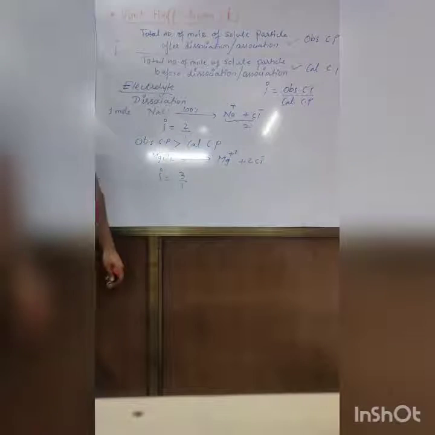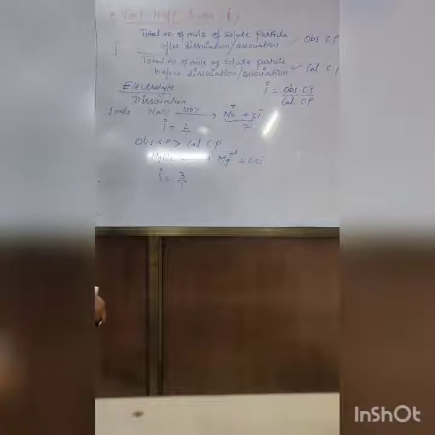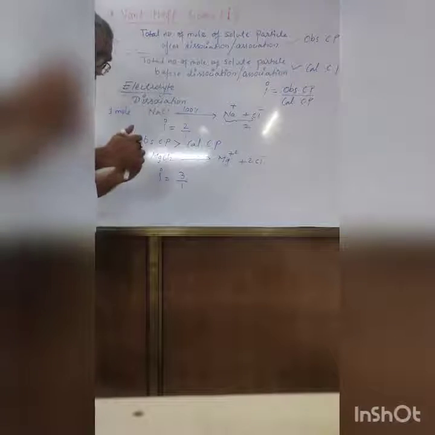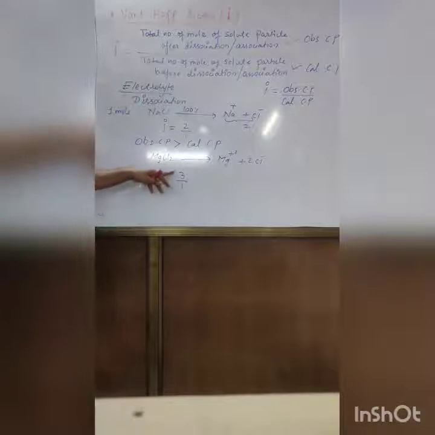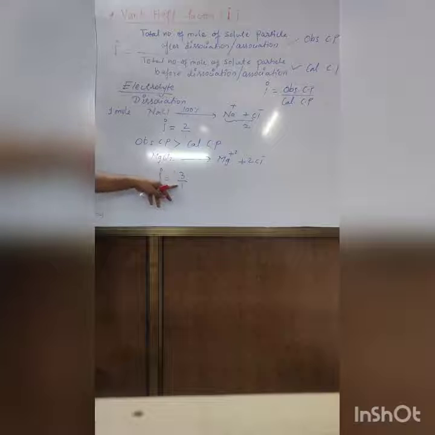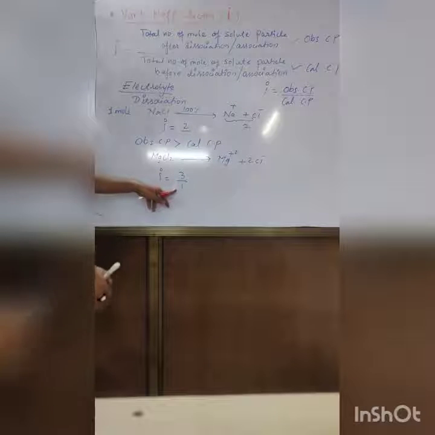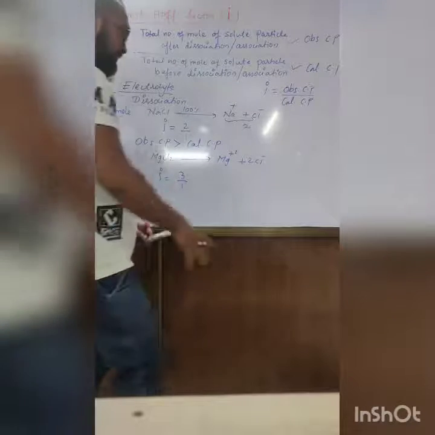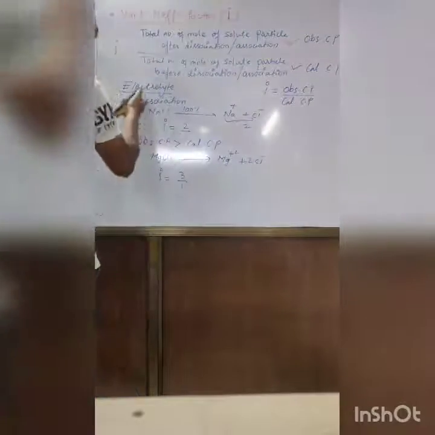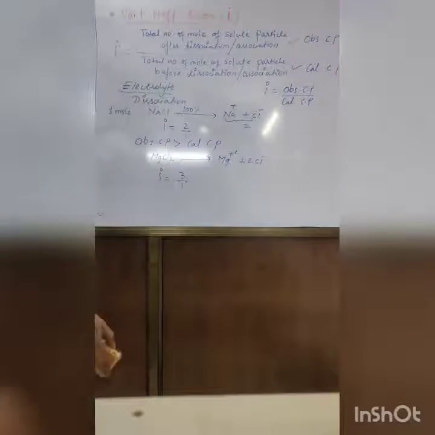So i value will be 3 by 1. Once again here the observed colligative property is greater than the calculated colligative property. So this is the case for dissociation.